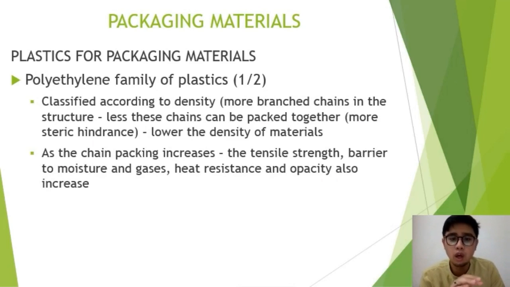The lower density of the PE means that it has more branch chain in the structure, because if there is more branch chain, there is also less of this chain that can be packed together. So it has more steric hindrance that leads to the lower density of the material.